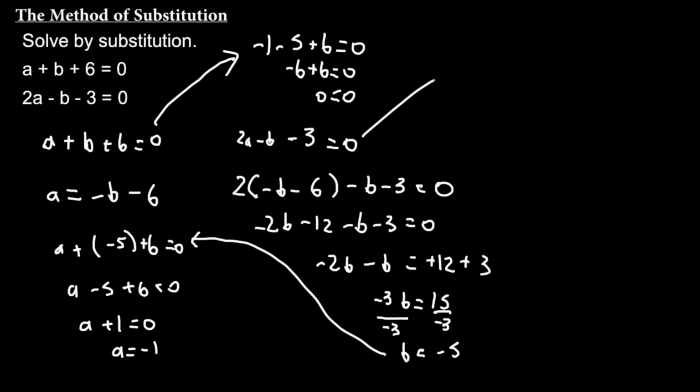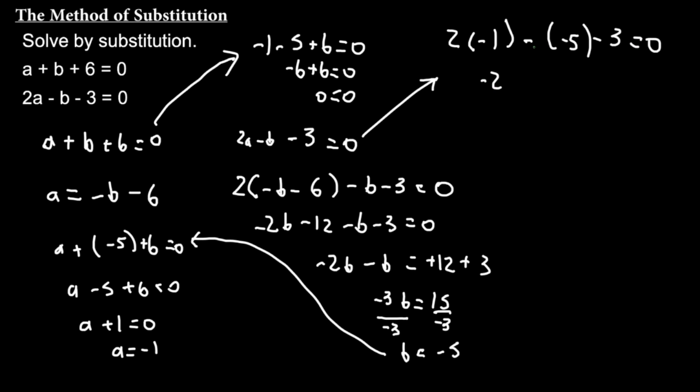So now for our second equation, 2 times a, we said a was negative 1. So 2 times negative 1, close bracket, minus b. B is negative 5, minus 3 equals 0. So 2 times negative 1 gives us negative 2.